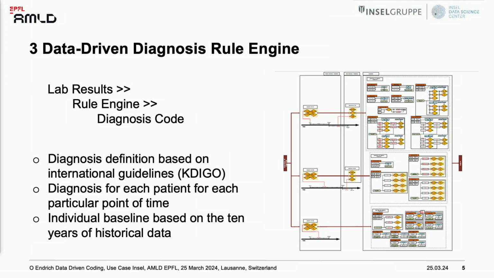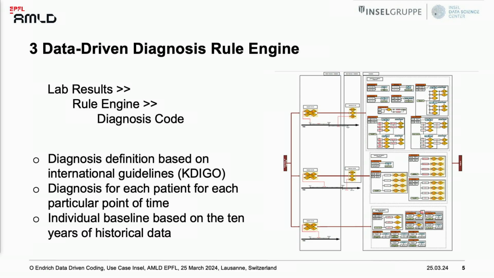We look for temporality, we look for differences between lab values, calculating the absolute and proportional values. The diagnosis definition is based on the international guidelines, the KDIGO guideline, which are actually the basic guidelines used internationally in the whole world.